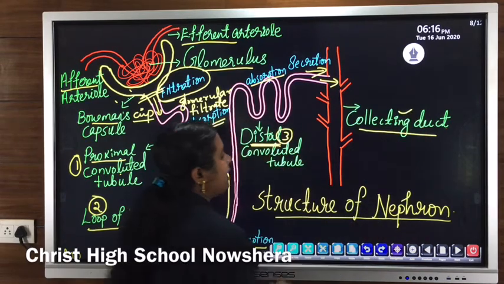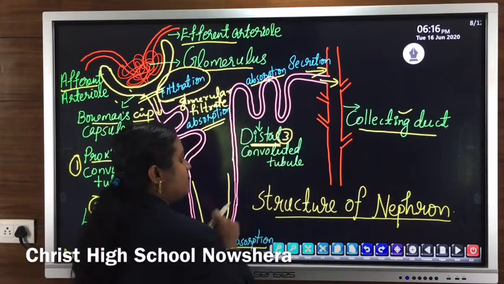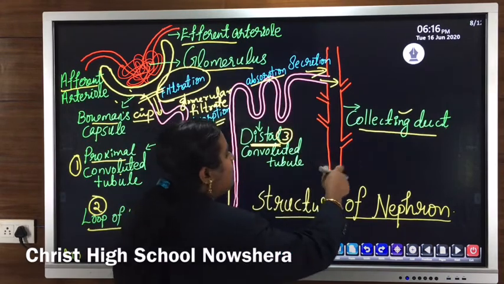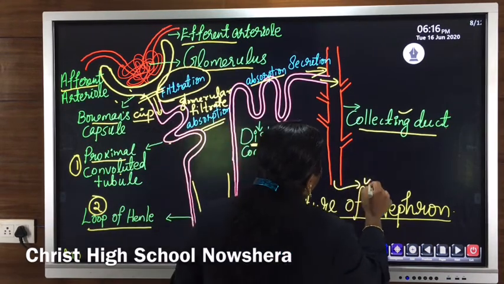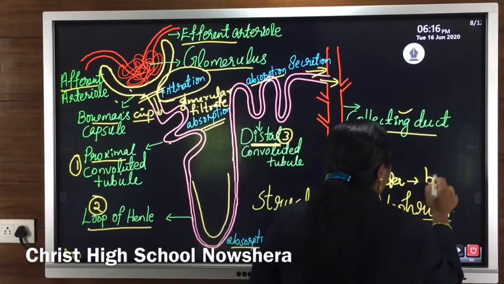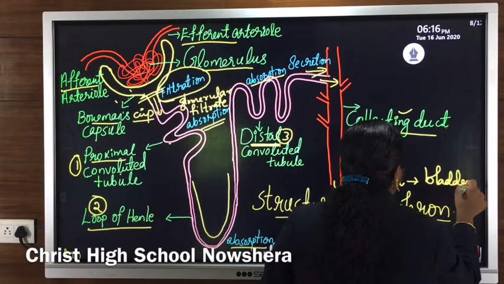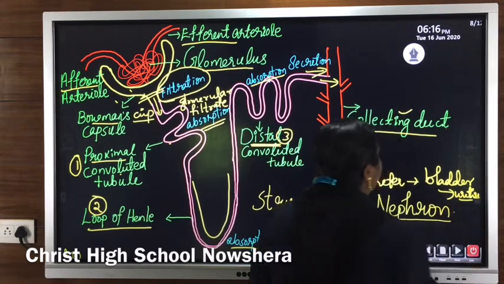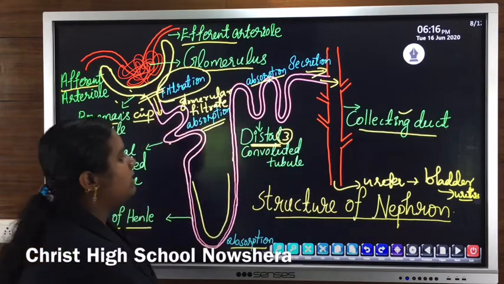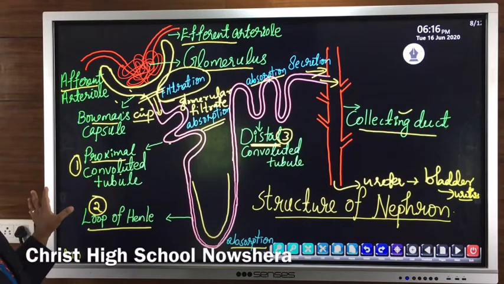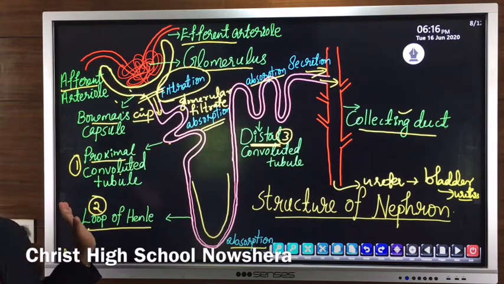The collecting duct collects the waste from this part, and it is carried to the ureter, then collected in the urinary bladder, and excreted out through the urethra. So this is the overall view, the enlarged view of the nephron and its different parts.